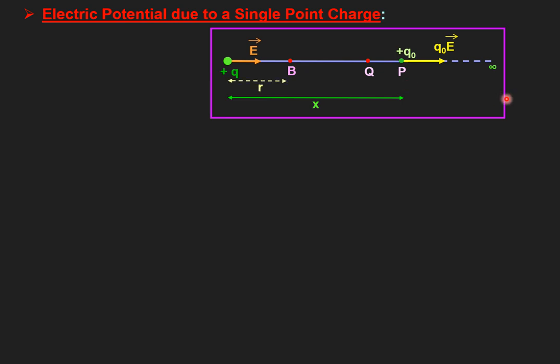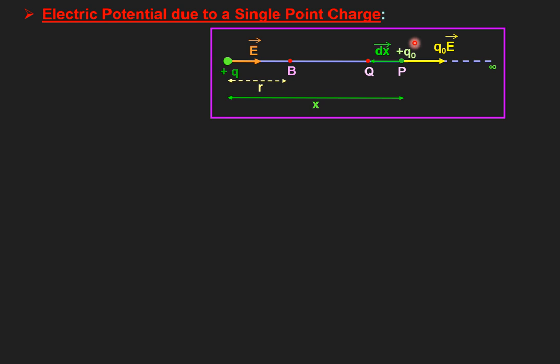So what do I need to do? For simplicity, I have taken an intermediate situation: while bringing the test charge from infinity to point B, let me call the test charge, in the midway, at point P. At point P, since this source charge is positive as well as this test charge is positive, what type of force do we expect?